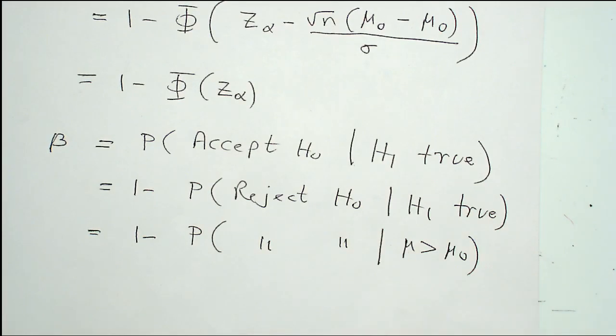Because if you look at the question, guys, we are saying that the alternative is mu is greater than mu 0.